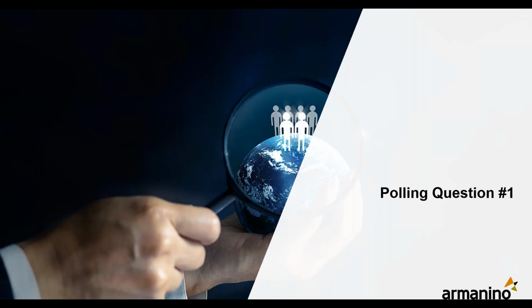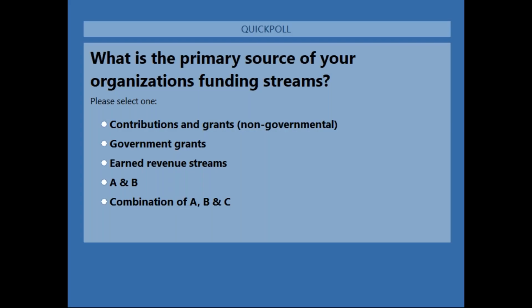All right, with that said, let's get you into the first polling question. Perfect. The first question is, what is the primary source of your organization's funding streams? Is it contributions and grants, non-governmental, or government grants, or earned revenue streams, or a combination of the first two, contributions and non-governmental grants and government grants, or a combination of all three?